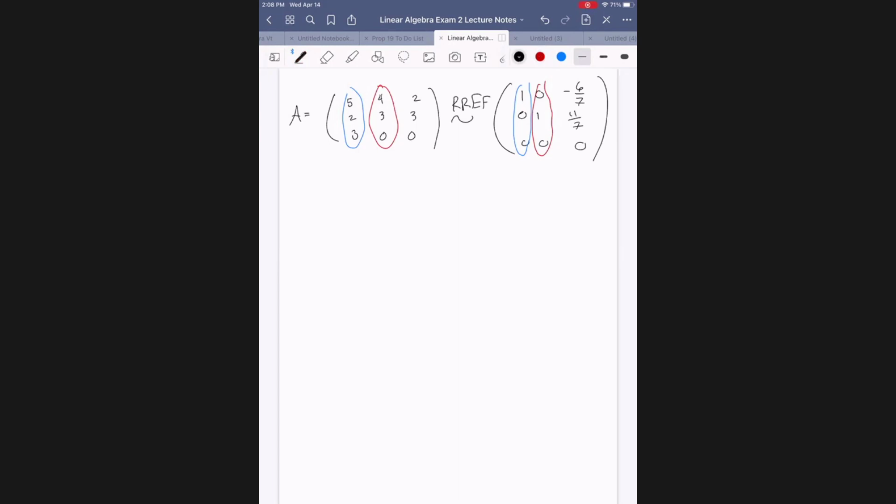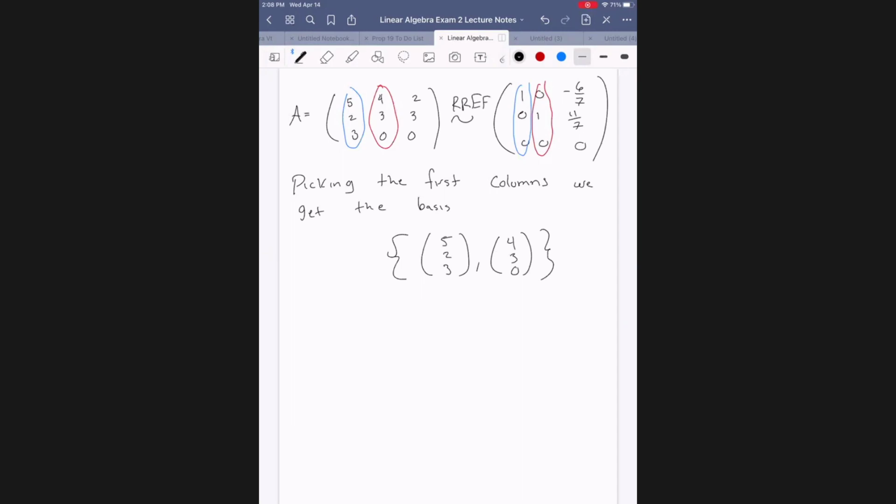Okay. So picking the first two columns, we get the basis (5, 2, 3), (4, 3, 0).